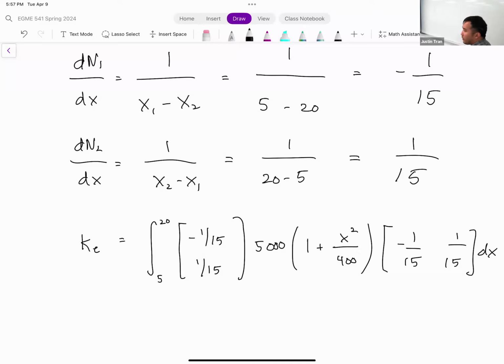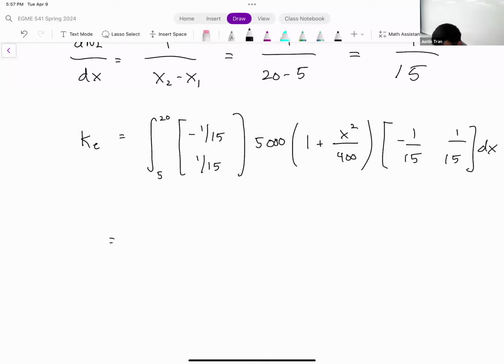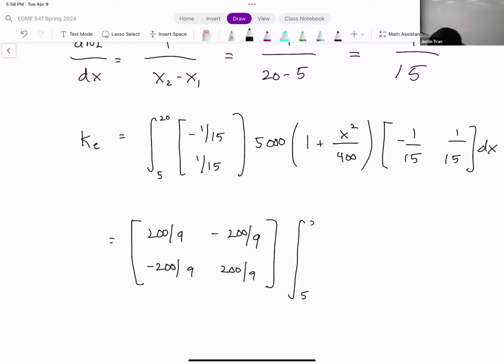All right, so let's simplify this. So let's do our algebra. Let's multiply these vectors together to get a matrix. Let's take our 5,000 and factor it out. So I'm just going to skip a few steps right here. We get 200 over 9, minus 200 over 9, minus 200 over 9, 200 over 9, multiplied by the integral from 5 to 20 of 1 plus x squared over 400 dx.